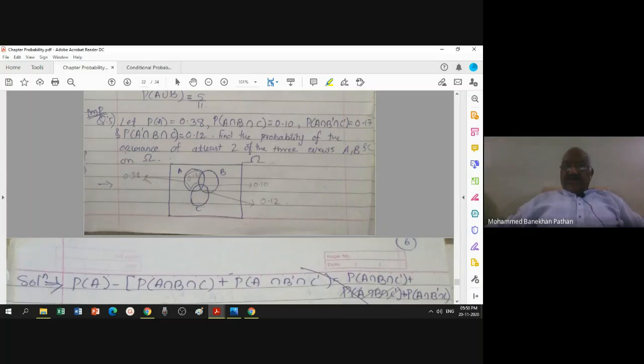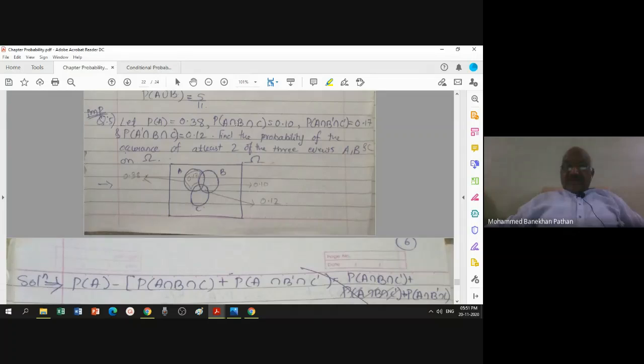A ∩ B ∩ C equals 0.10. That means there is a common part between C, B, and A. So the circles of A, B, and C are interconnected. So this is your Venn diagram for this type of information.